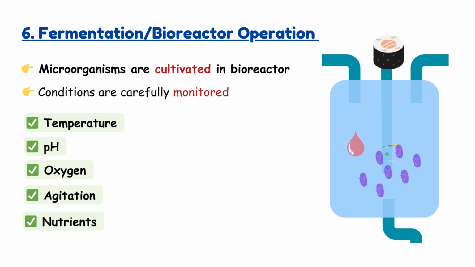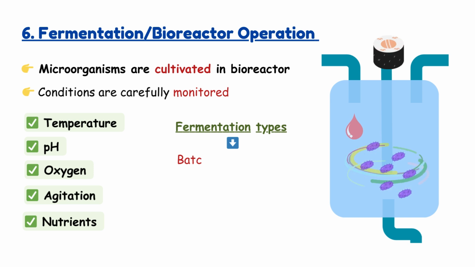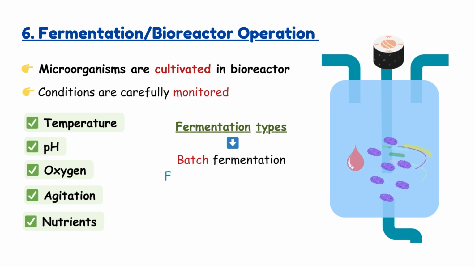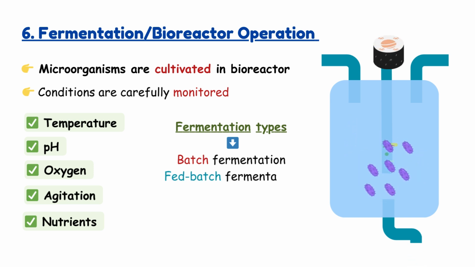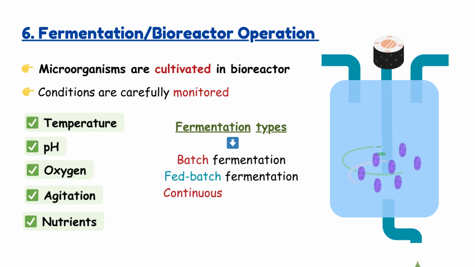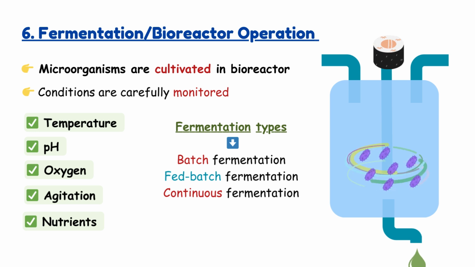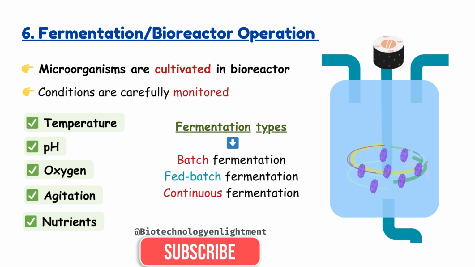Now there are different types of fermentation, like batch fermentation, fed batch fermentation, and continuous fermentation. These are the various fermentation processes where the microbial growth or culture is taking place and the product formation is occurring. Now the upstream processing ends here and the desired product is formed.